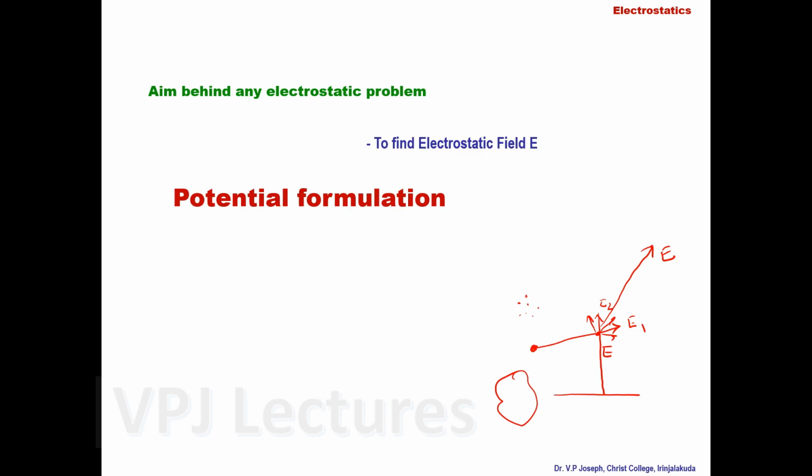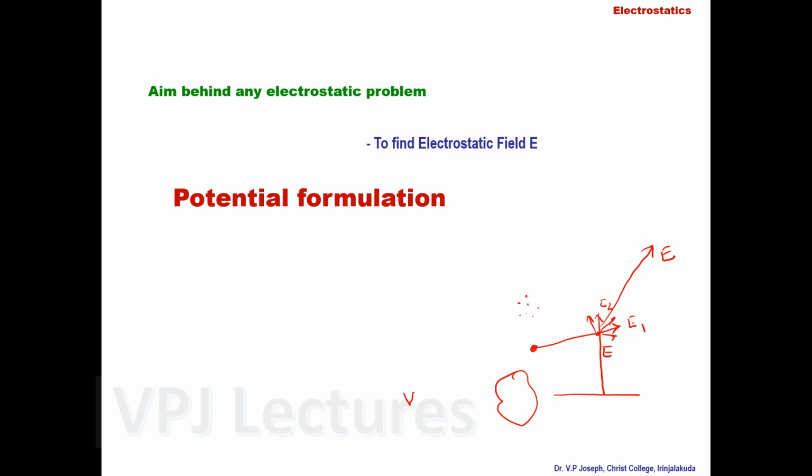This problem is a little complicated due to the vector nature of the electric field. So in order to simplify it, we incorporate one term called potential, which is a scalar quantity V. Potential formulation is to simplify.